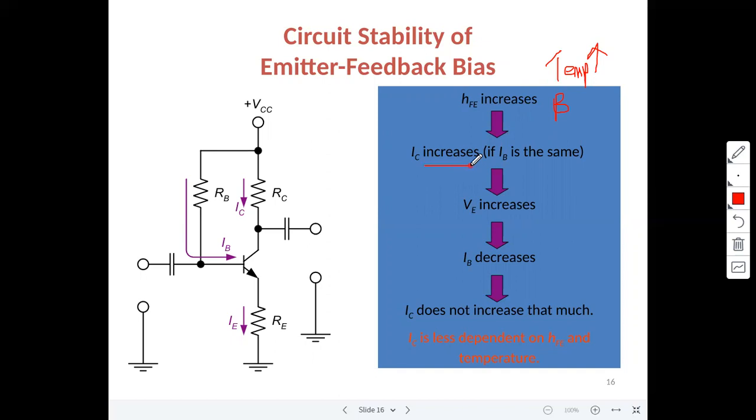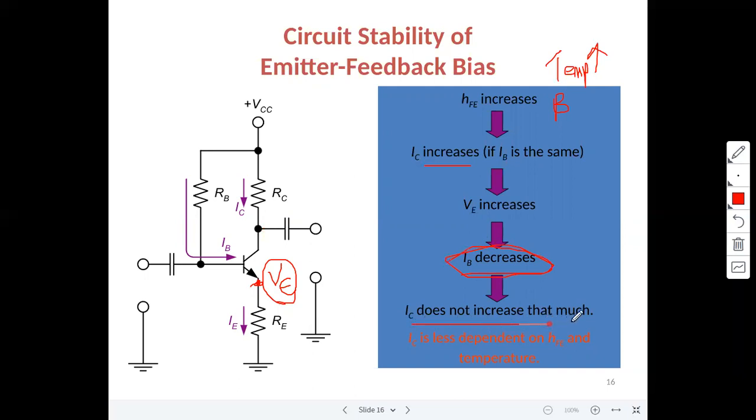IC increases, IE also increases. But in this configuration, the emitter voltage increases, IE into RE, because you may neglect the base current, IC approximately equal to IE. As temperature increases, IC increases, IE increases, emitter voltage VE increases. As VE increases, according to the IB equation, IB decreases. As IB decreases, IC also decreases.